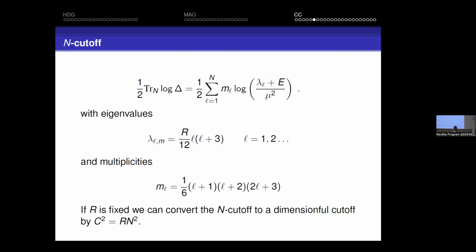Lambda depends on R, not L. No, but it's true. What you say is that if R is fixed, you can convert this dimensionless cutoff into a dimensionful one. But the point that will appear in a moment is that R is dynamical. So I don't want to treat R as a fixed parameter.